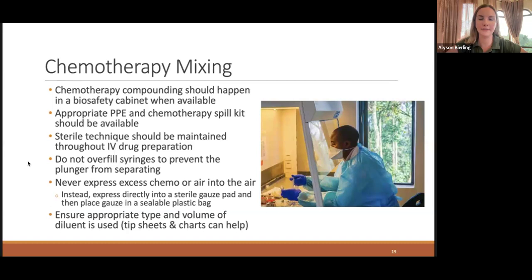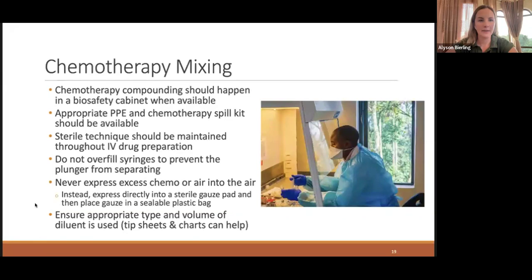So we don't want to fill the syringes by more than 75% of what the syringe can handle. We never want to express excess chemotherapy or air into the space, even when we're using the chemotherapy mixing hood. Instead, if you need to express air or chemotherapy drug, you want to take a sterile gauze pad, place that into a sealable plastic bag, and express the air or the chemotherapy in that manner.